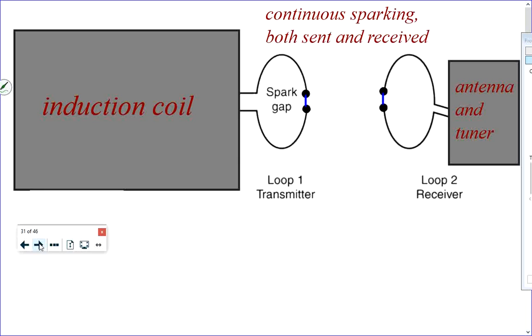And I hope you see a similarity here to what I told you about how radios work. This is the same thing. In fact, the thing that I'm going to use that has an antenna and a tuner is a stereo. I don't know if I can get this going.